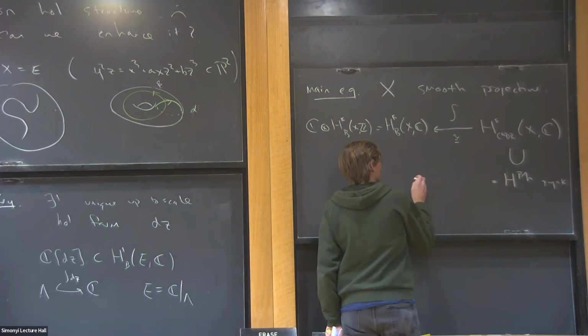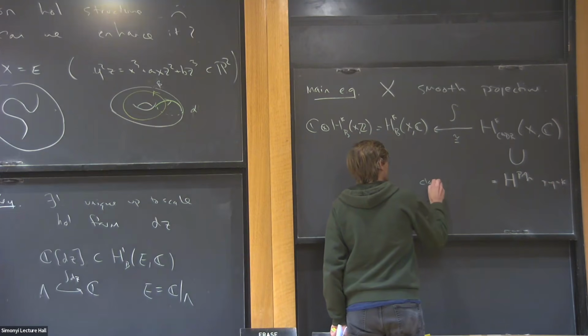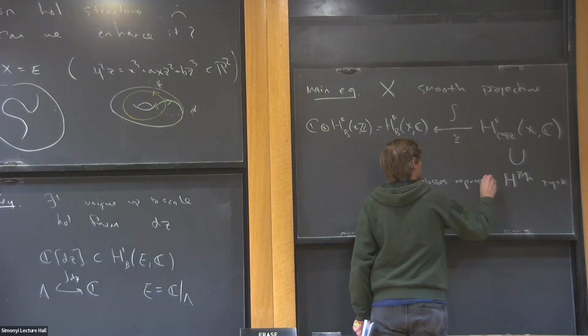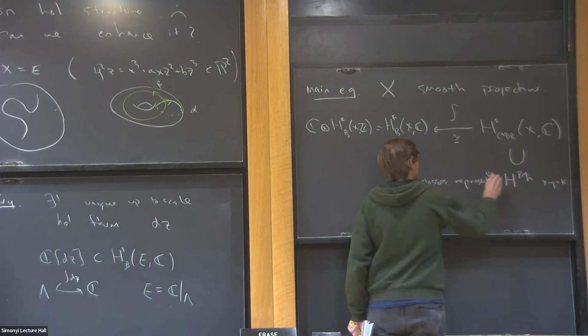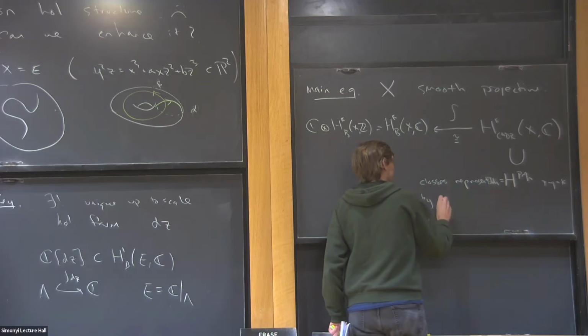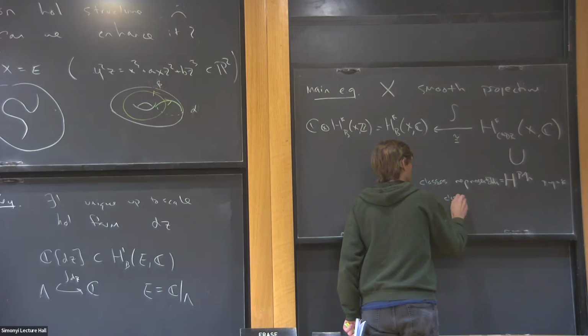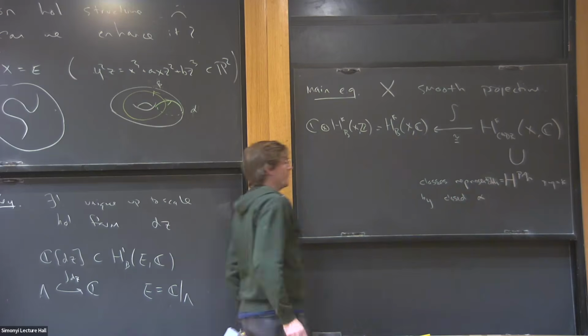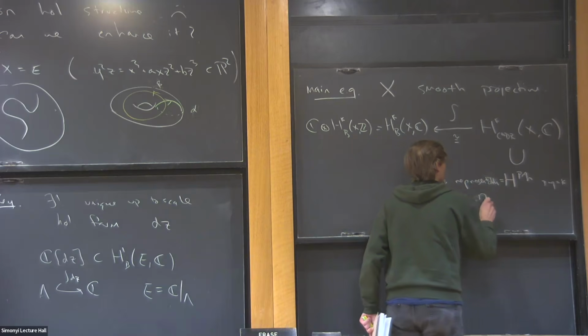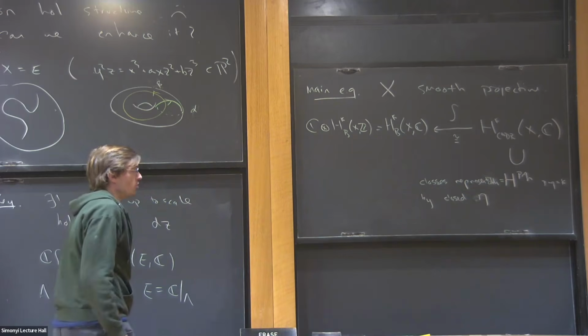These are classes representable by a closed C-infinity form eta, which is of type (p,q). What does that mean?